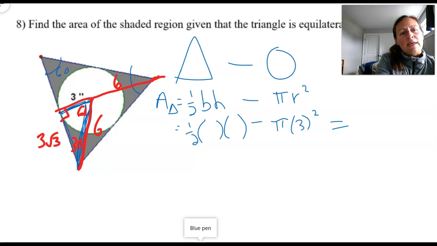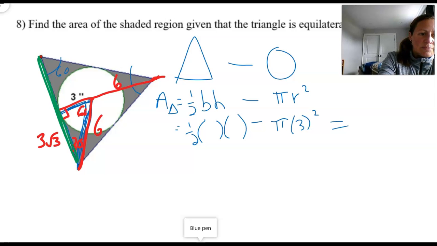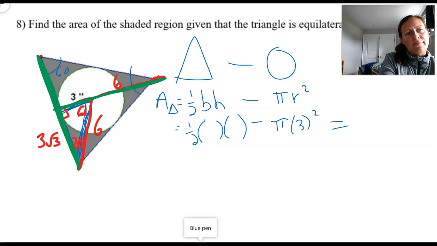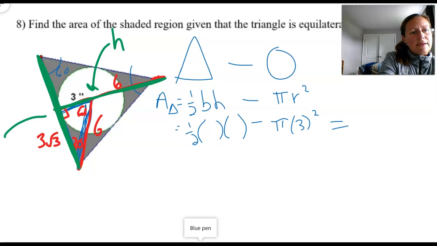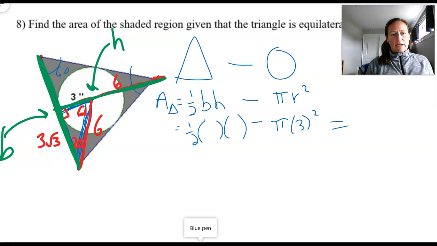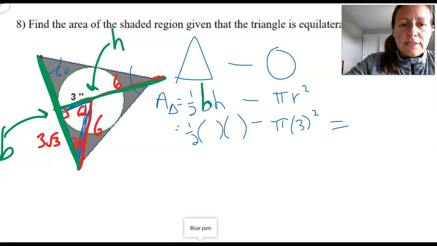So if we tilt our heads a little bit this way, and we think of the base of the triangle being this length, and this would be the height, okay? So that's the height, and this is the base.